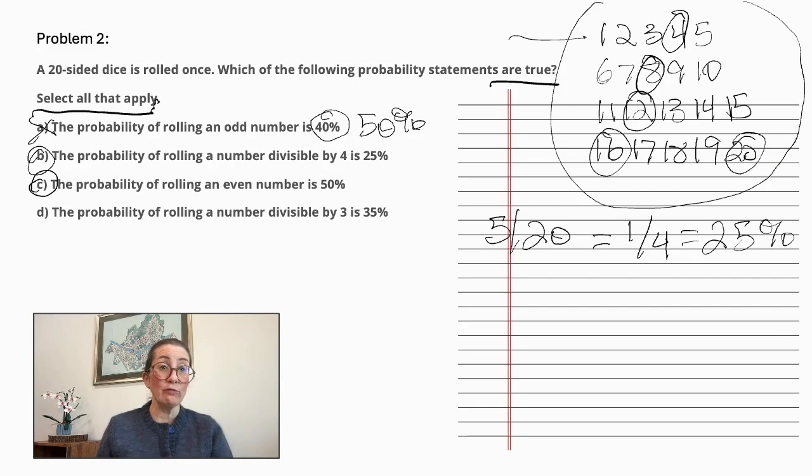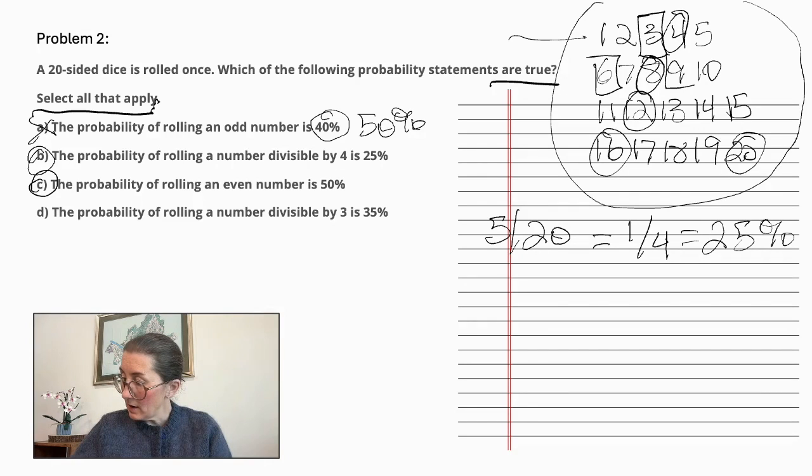Lastly, the probability of rolling a number divisible by 3 is 35%. Let's take a look at our numbers again. 3, 6, 9, 12, 15, and 18.